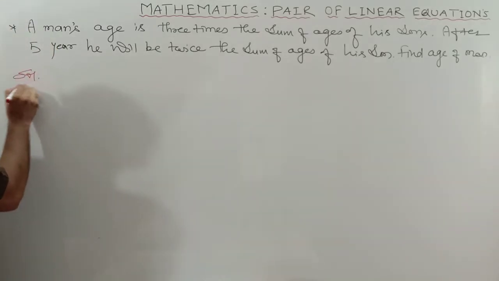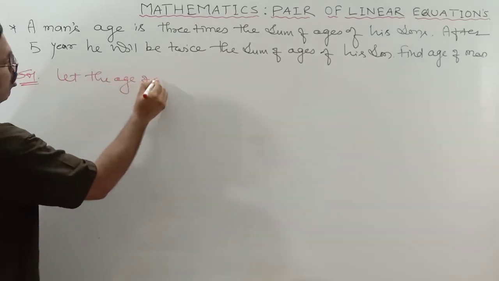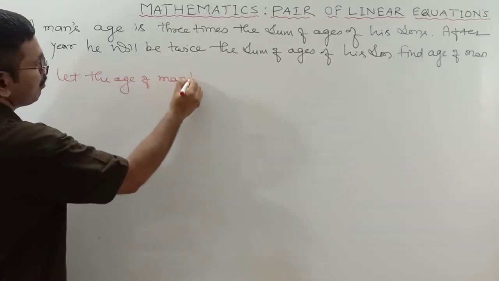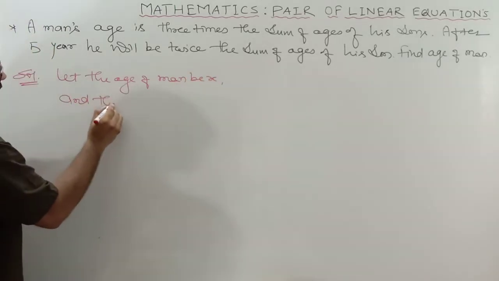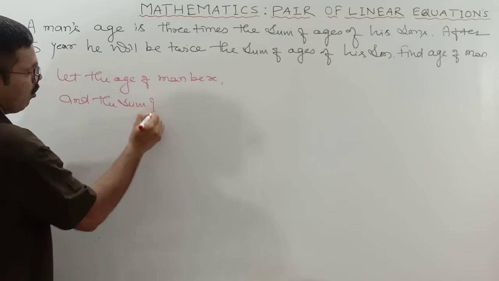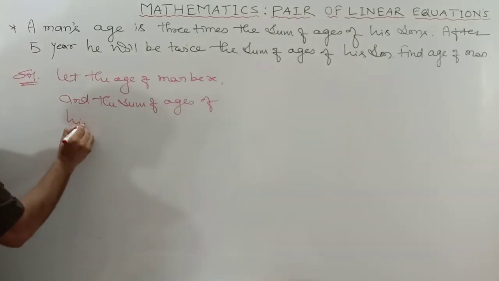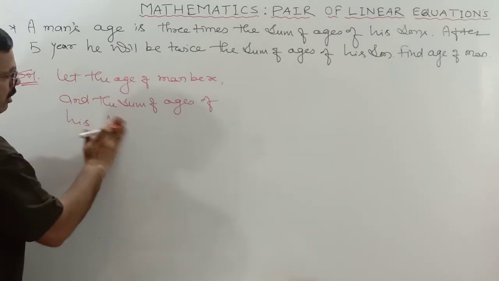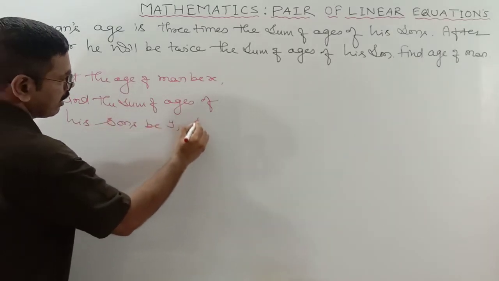So solution, let the age of man be x and the sum of ages of his sons be y.